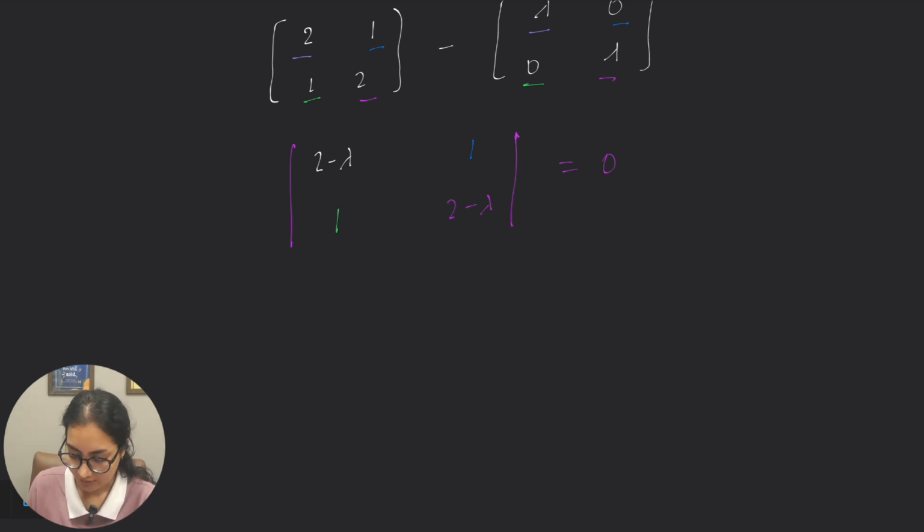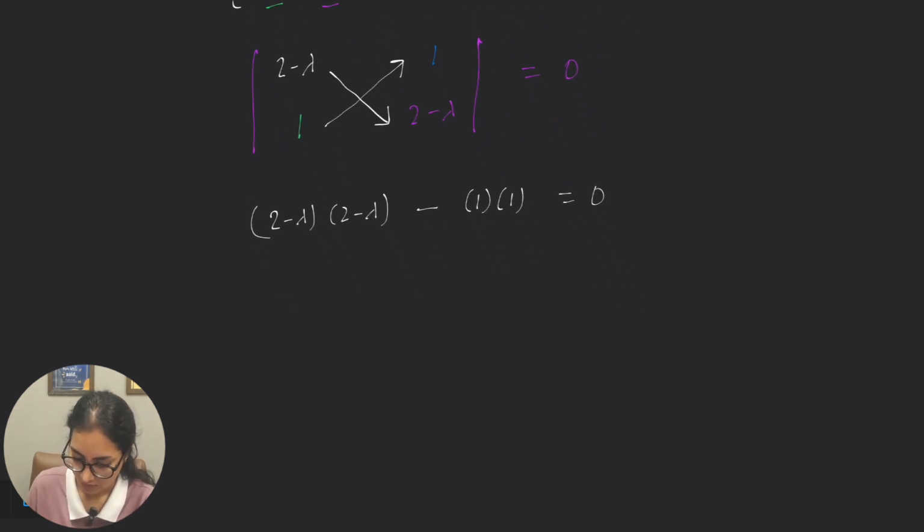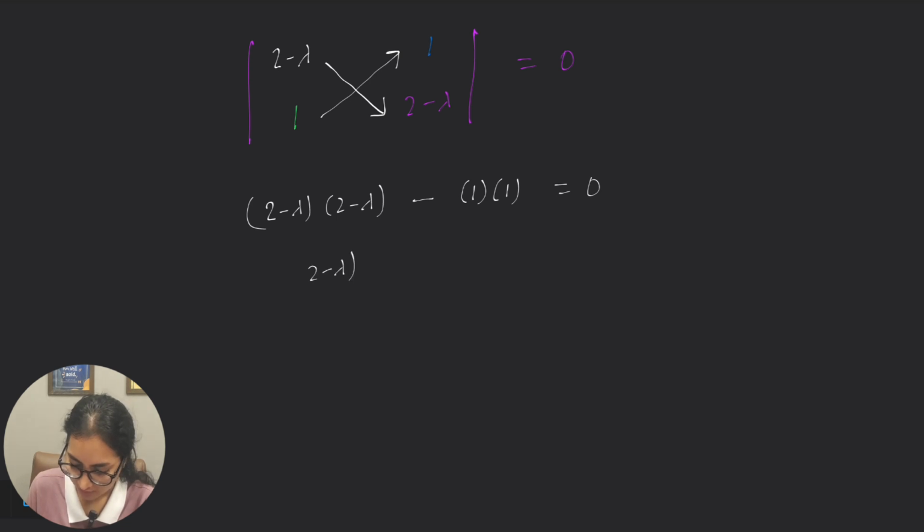So how to calculate a determinant? Multiply this and subtract the multiplication of this. So 2 minus lambda multiplied with 2 minus lambda, subtract 1 times 1, equals 0. So I have (2 minus lambda) square minus 1 equals 0.